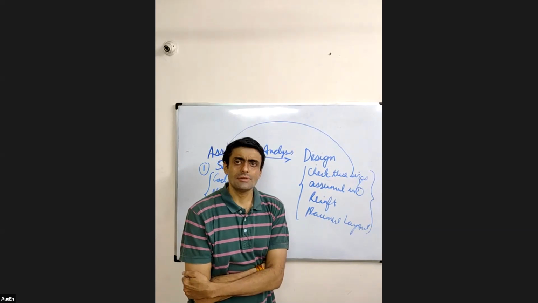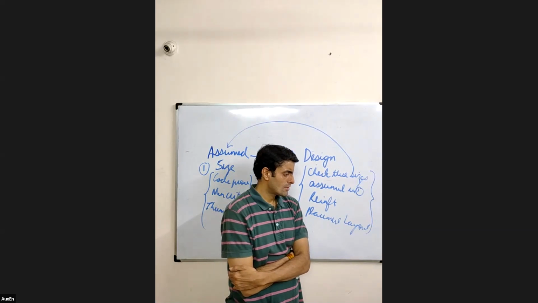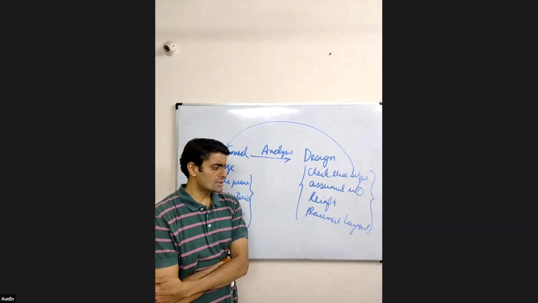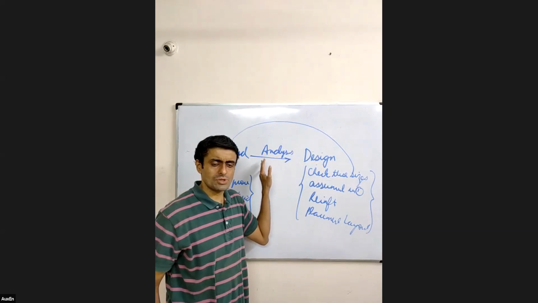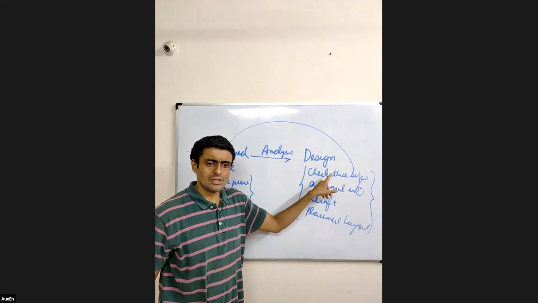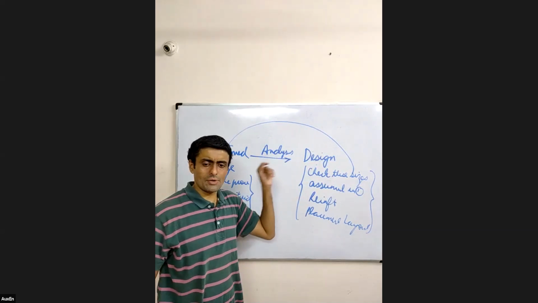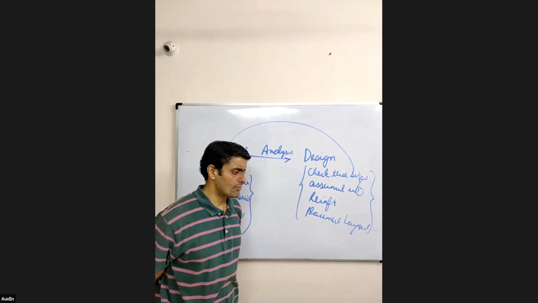Is this understood? Why we are calling it an iterative process? So design is never a straight line process. It is always a loop process where you start from a point, you reach this. If it is not good, you go back. So this is a loop that you have to be in, and this is called an iterative process.